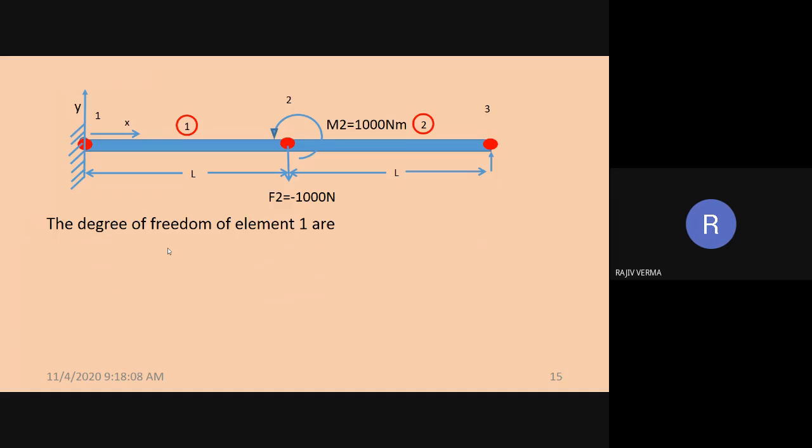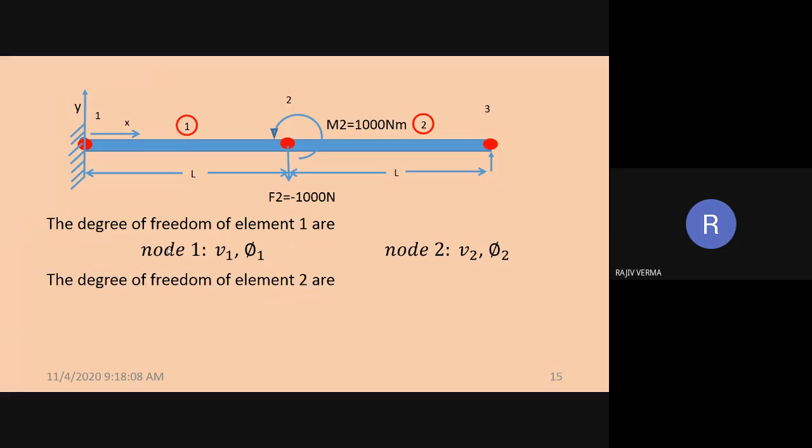Now coming to something about degrees of freedom. The degrees of freedom for element number 1 are: node 1 has 2 degrees of freedom indicated by V1 and phi 1. Node 2 also has 2 degrees of freedom indicated by V2 and phi 2. This is for element number 1. Similarly, for element number 2, node 2 has 2 degrees of freedom, V2 and phi 2, and node 3 also has 2 degrees of freedom, V3, phi 3.